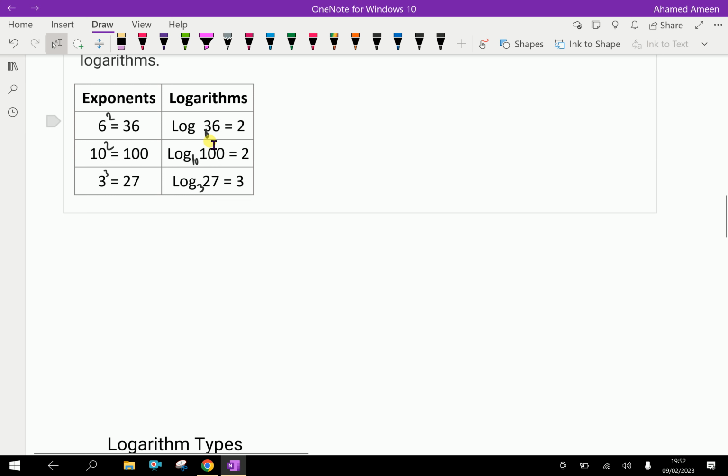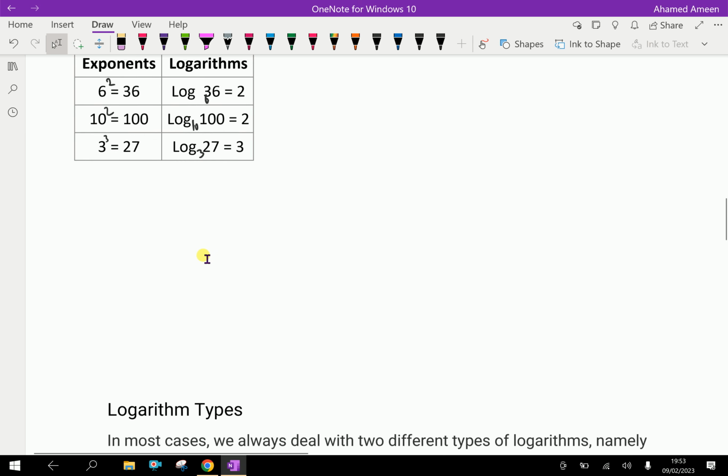We are using common base 10 here: 10 squared equals 100, then you can say log of 100 base 10 equals 2. 3 cubed equals 27, so log of 27 base 3 equals 3. Here, whichever number is raised, that is the base. Here the base is 3.